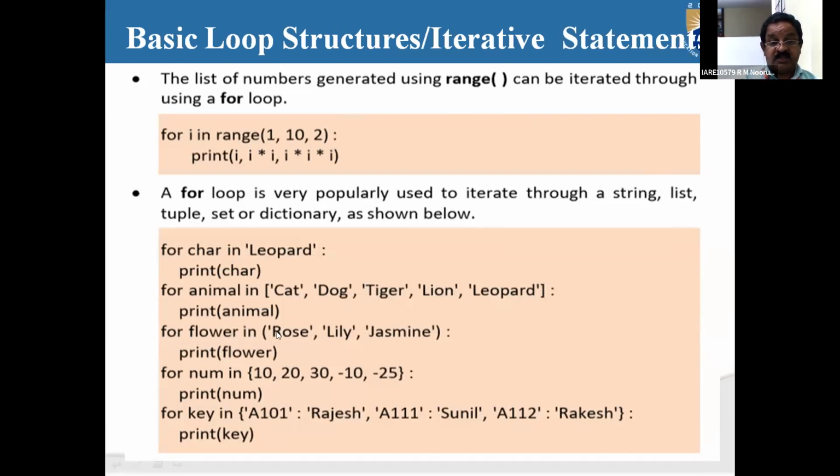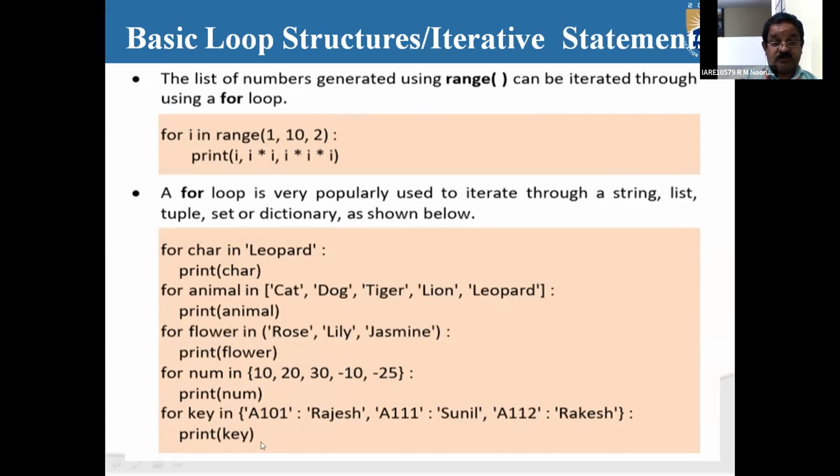In case of tuple also, it's going to write these 3 and it will come out of that particular loop. Then within the set, you have given numbers: 3 positive numbers and 2 negative numbers. They are going to be written and it will come out of the loop.